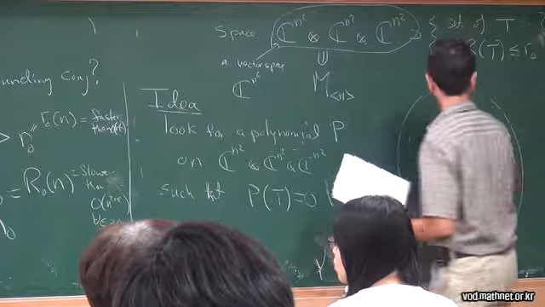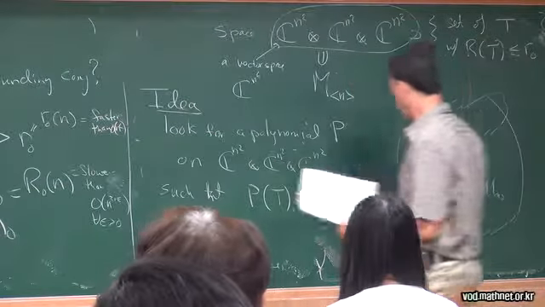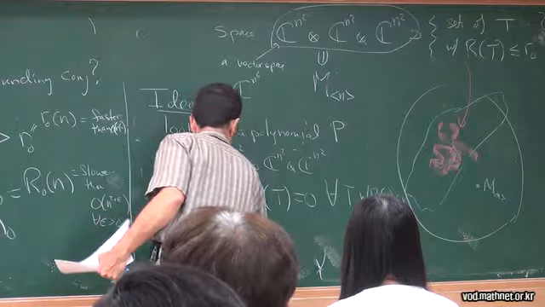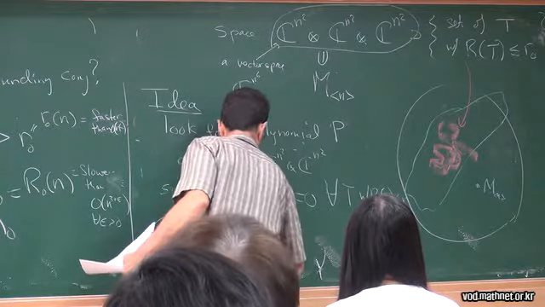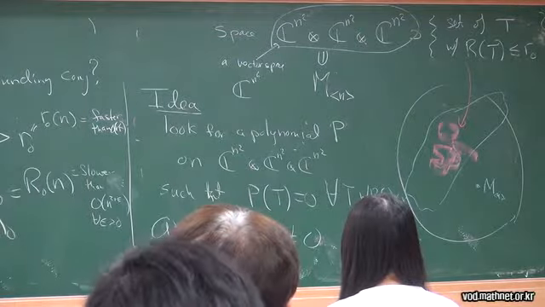So the zero set of P may be larger than this, but we just want it to not vanish at our point. This is our idea.